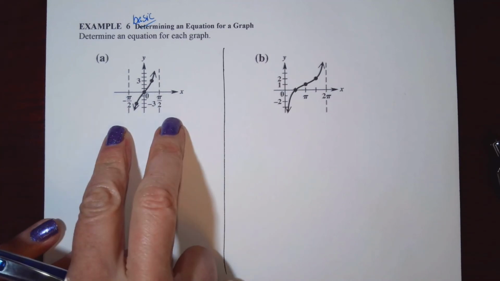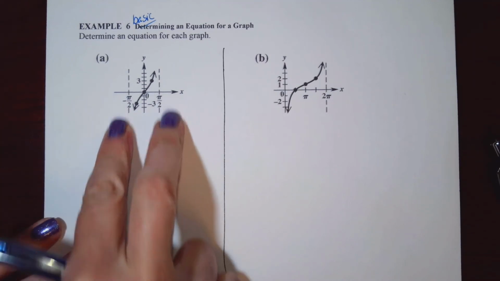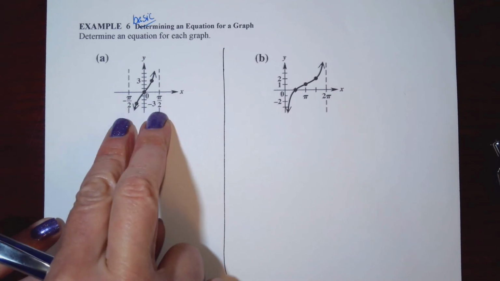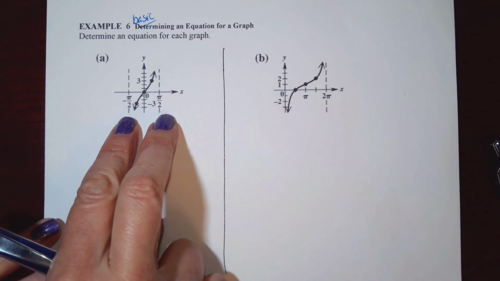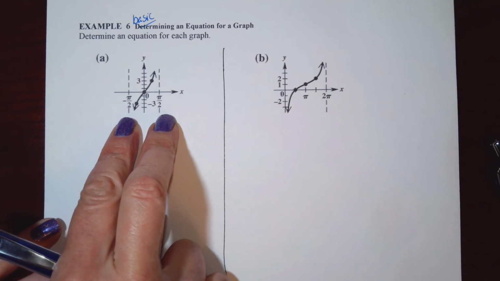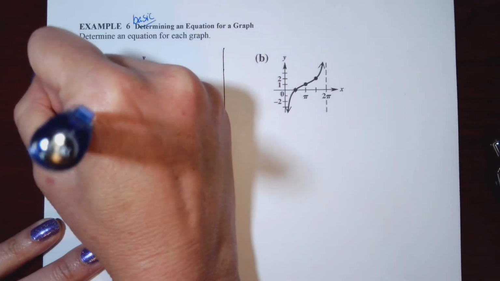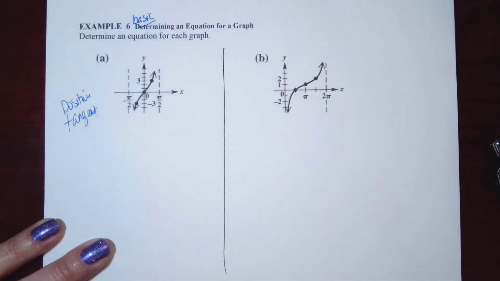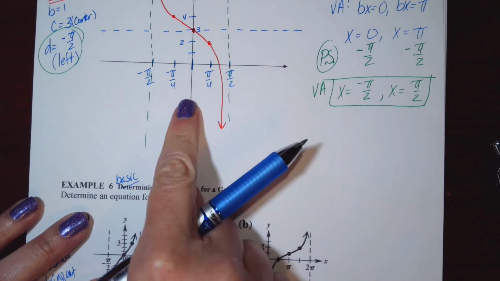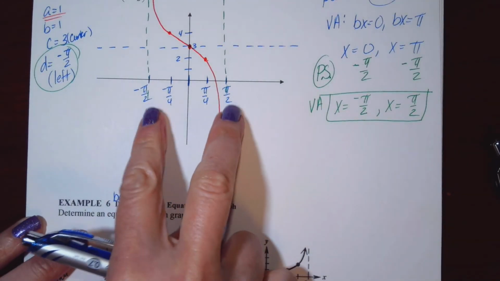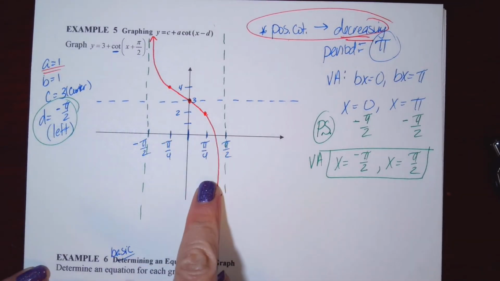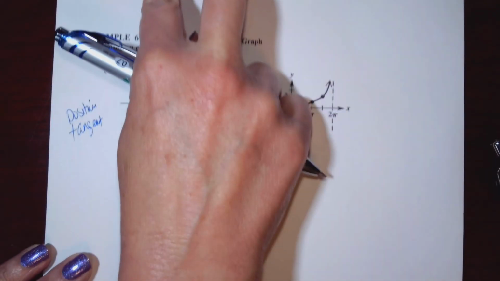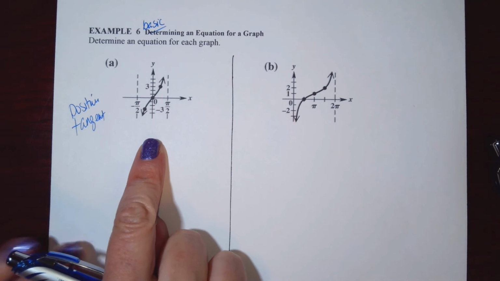Well, we've got an increasing function. It is split over the y-axis. We've got vertical asymptotes at negative and positive pi half. That is my setup for a positive tangent function. Now, if I wanted to make it negative cotangent with a phase shift, this is positive cotangent with a phase shift. If I made it a negative cotangent with a phase shift, I could do an equation for that as well. But we're just going to keep it basic.